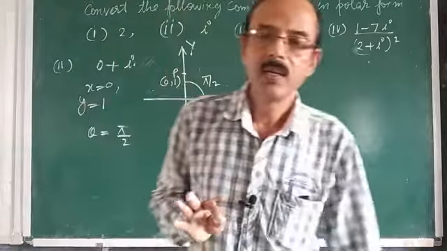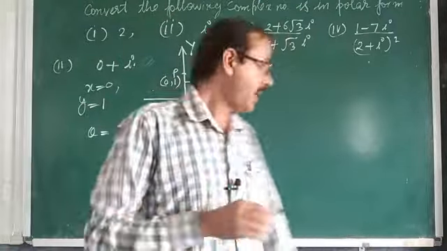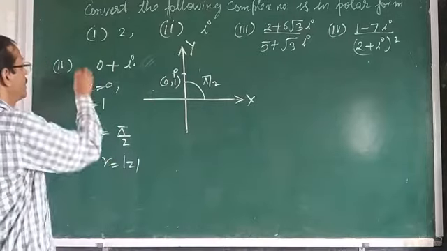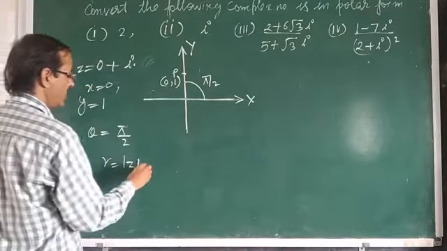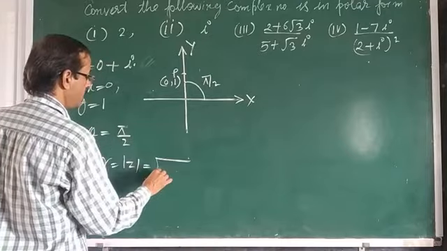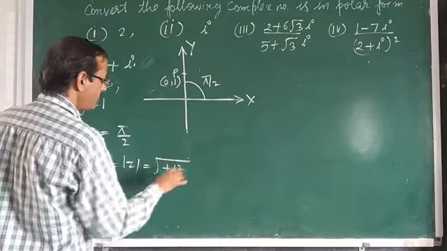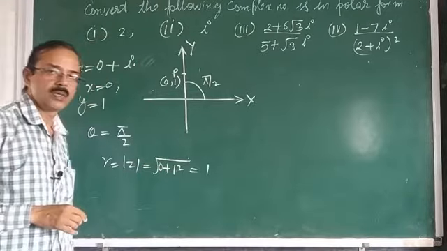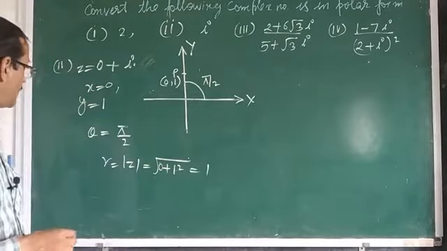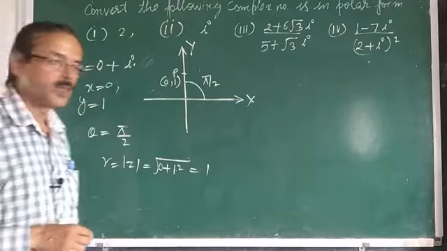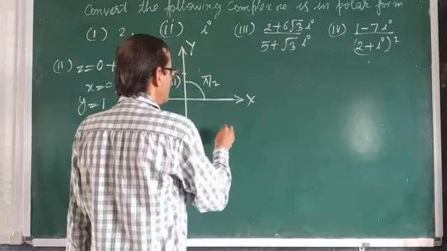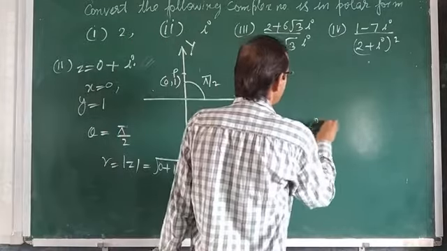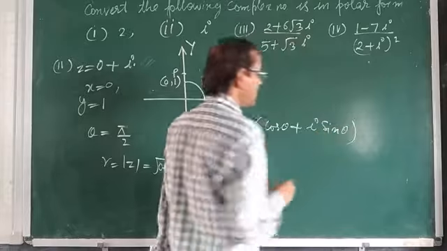What else is needed? You need r. So r means the modulus of z, and that will be equal to 0 square plus 1 square, which is equal to 1. So now r came, theta came, so write in polar form: z equal to r cos theta plus i sin theta.